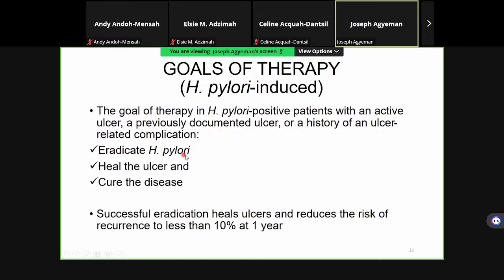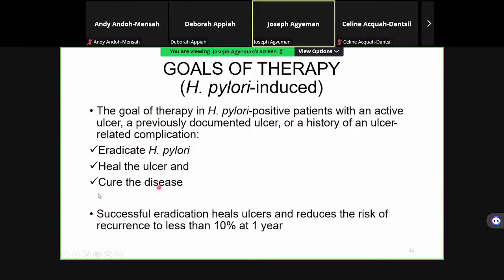So for example, the target, and of course, heal the ulcer, cure the wound, pain management, as in all these, you have to look at them. If you are successful in eradicating the H. pylori, this will help to reduce the recurrence rate to less than 10% within a year.